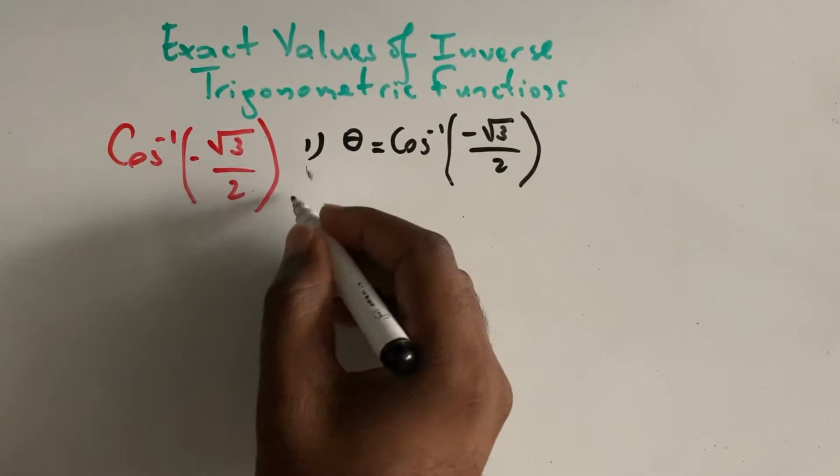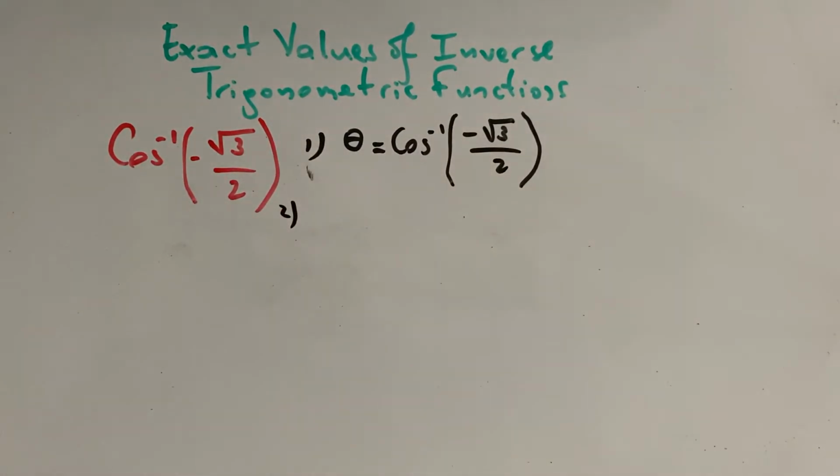Then second, you have to remember that what you have here is an angle you're trying to get. It's the angle whose cosine will give you negative square root of 3 over 2.